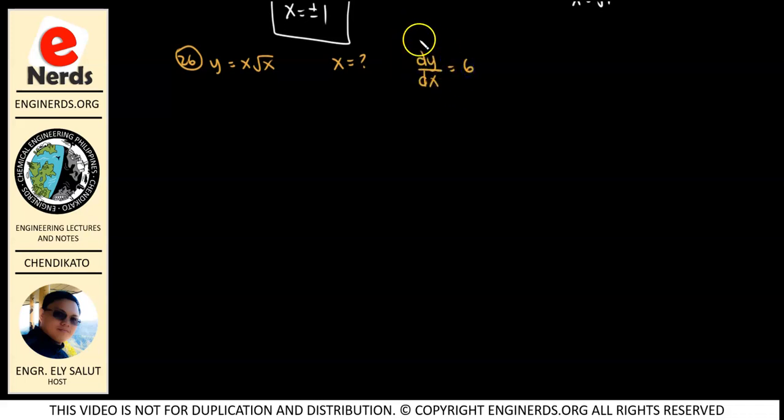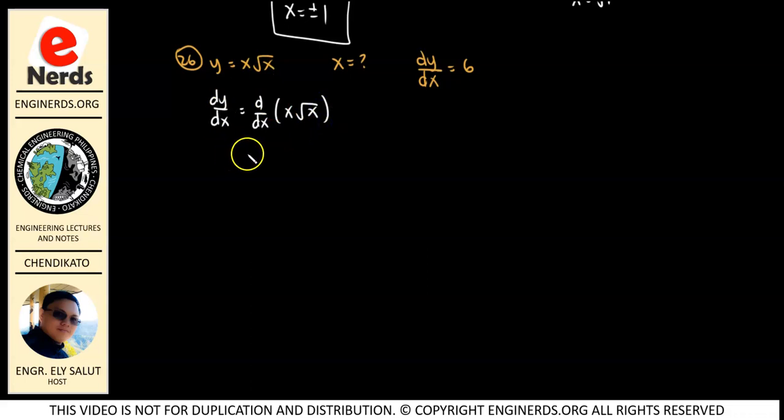So, the rate at which the y is changing over the rate at which the x is changing is equal to 6. Okay, so we need to get dy over dx for this problem, no? So, let's get dy over dx. And this is equal to d over dx of x square root of x.